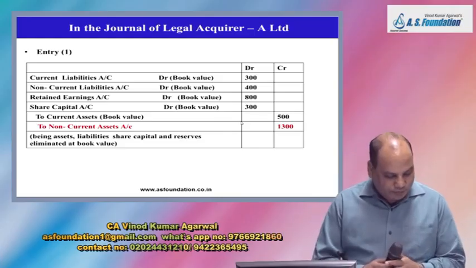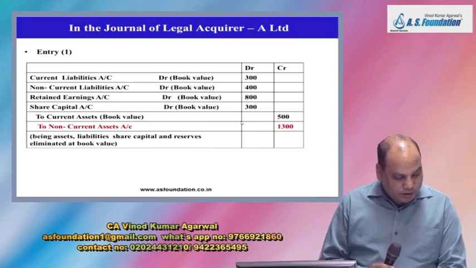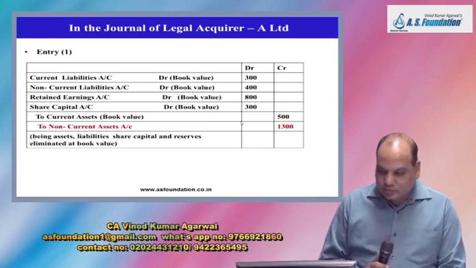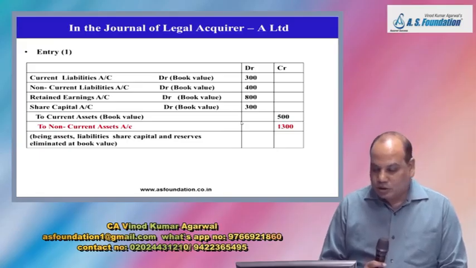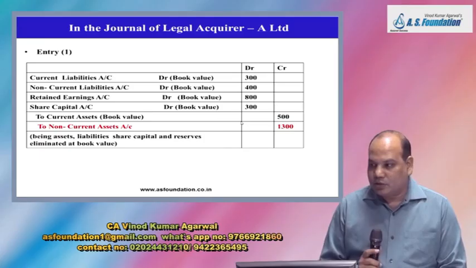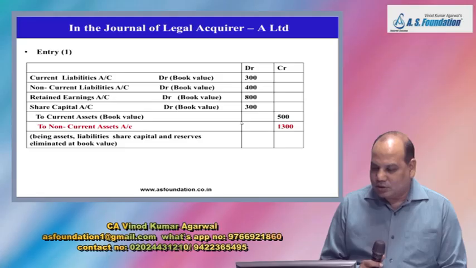So keep the entity A column in front of you. Go to the liability side. Current liabilities account debit 300. Non-current liabilities account debit 400. Retained earning account debit 800. Share capital account debit 300.